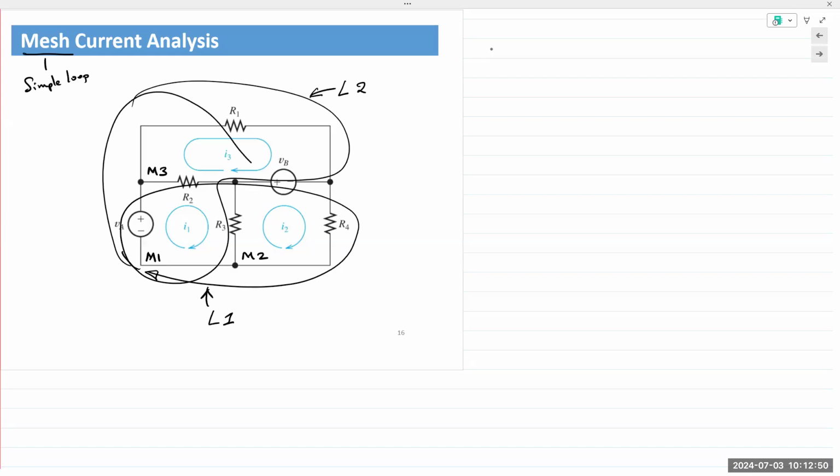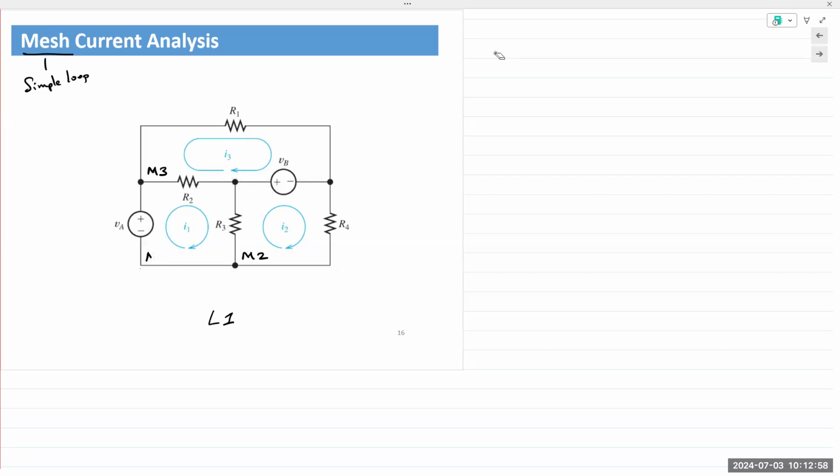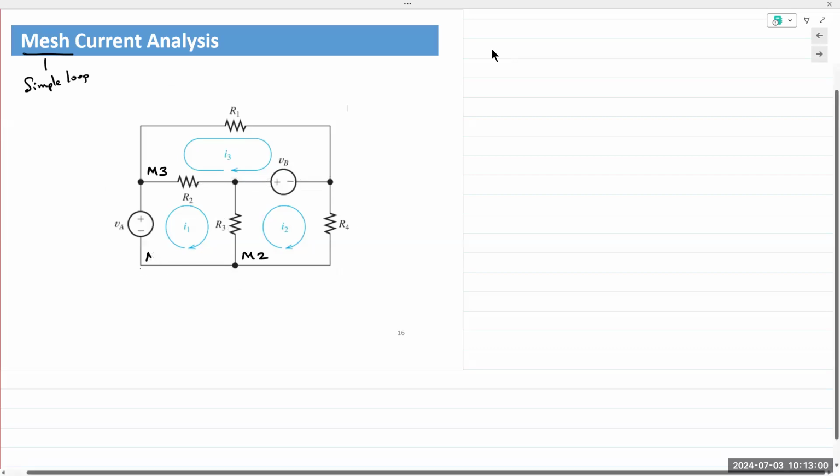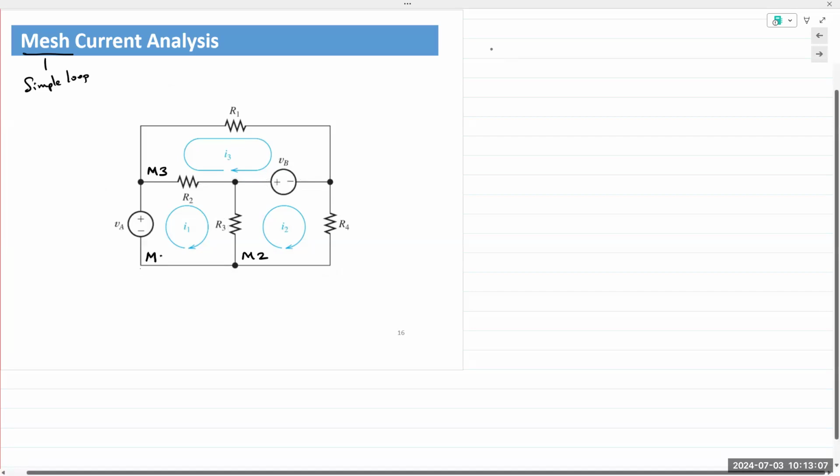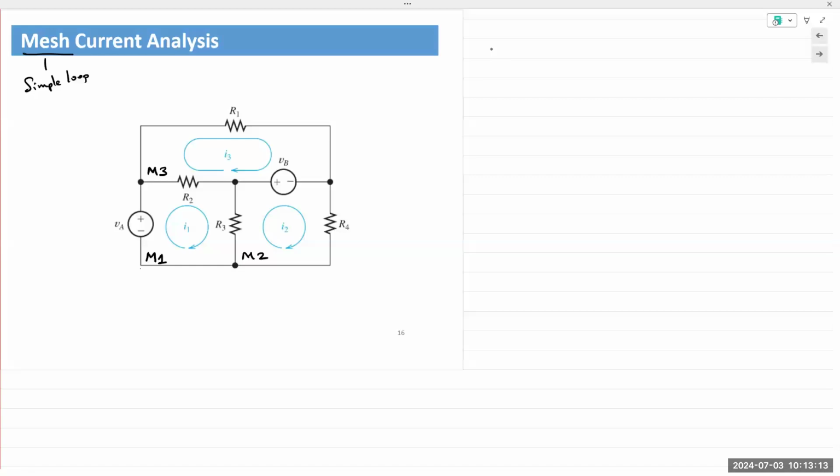Meshes are simple loops, and simple loops mean they do not contain any other loops inside them. Okay, so as I said, identifying is straightforward. Our brains can easily visualize a closed pathway. And so we have M1, M2, and M3. Again, labeling is up to you. You can label it anything you want, A, B, C, X, Y, Z, doesn't really matter.